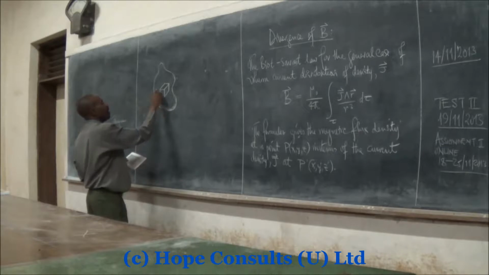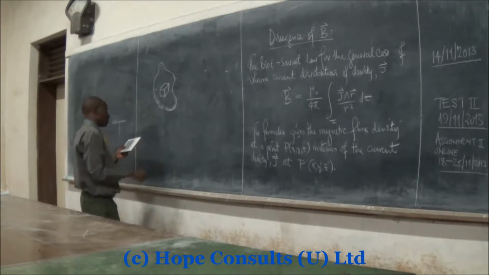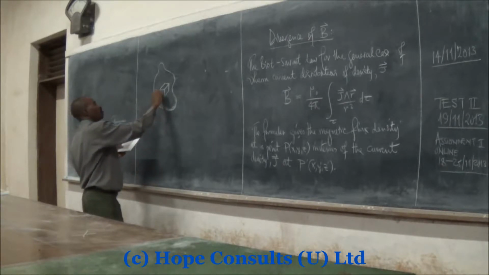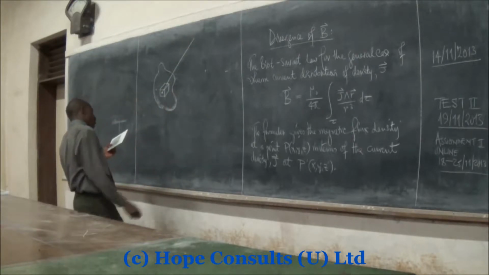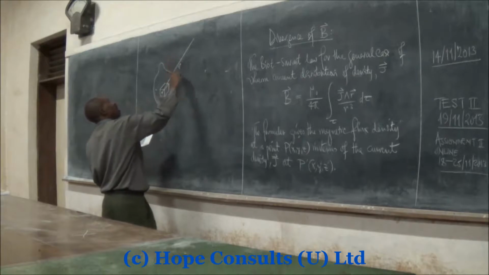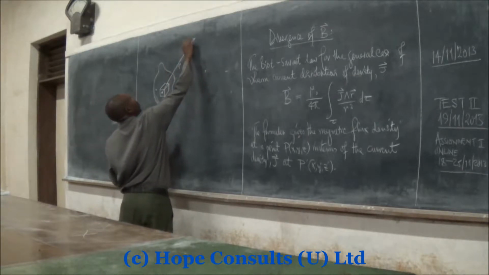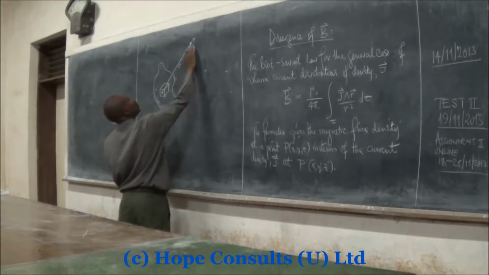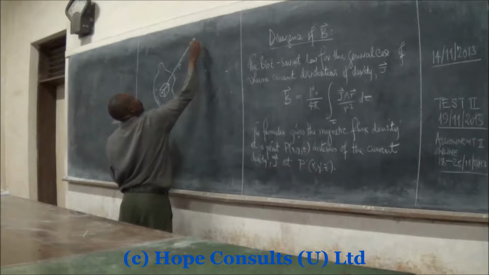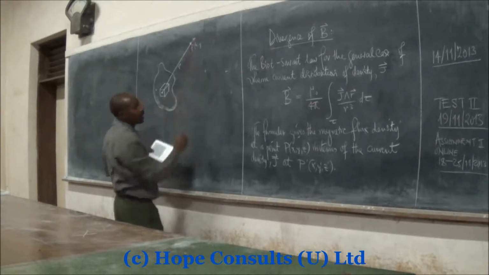So we have our elemental volume, which is a cube, and from this cube we can take a point, the distance R, and this is our point P prime, x prime, y prime, z prime.